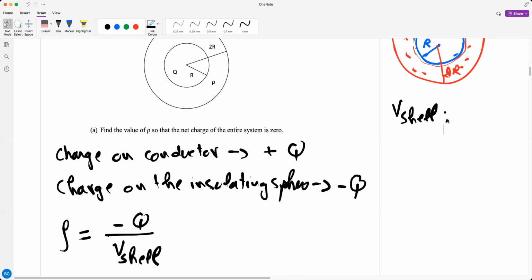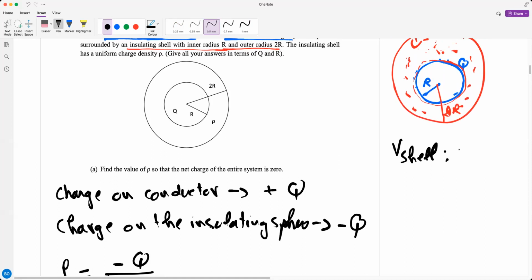So this is equal to the total volume of the 2R sphere minus the volume of the blue sphere. Do you agree? Is this clear? Did you understand this? Yes, Professor.